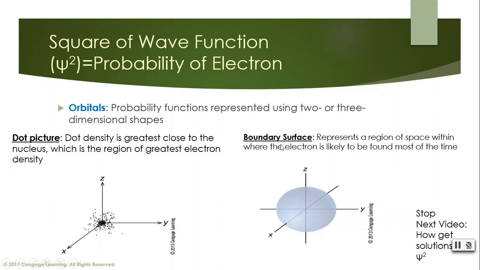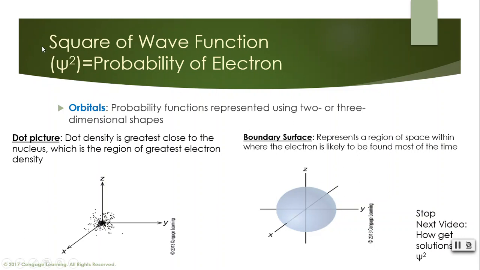Boundary surfaces represent more of a region of space, and it shows more of the shape. And we will see that depending upon the orbital that you are dealing with, the boundary surface, the shape, will change. So you should know that wave functions dictate energy and probability of where an electron is in an atom.